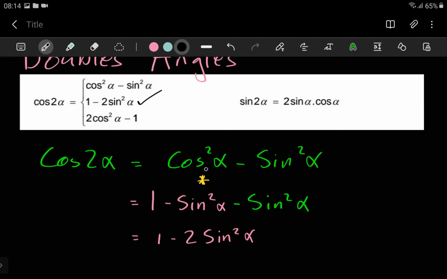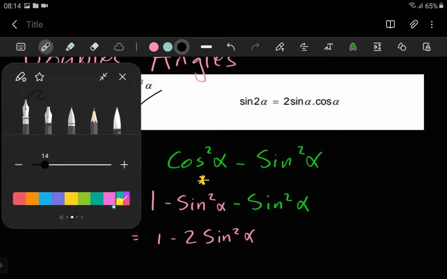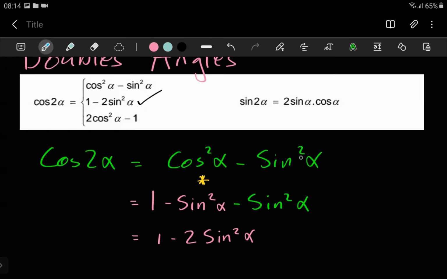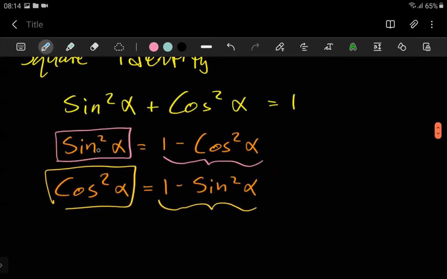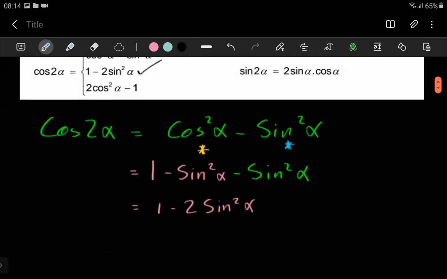It's only because they changed the cos. For the other one, instead of changing the cos, they change the sine instead. So when they change the sine, they change it based on this one. You see, the sine squared alpha can be written as 1 minus cos squared alpha.